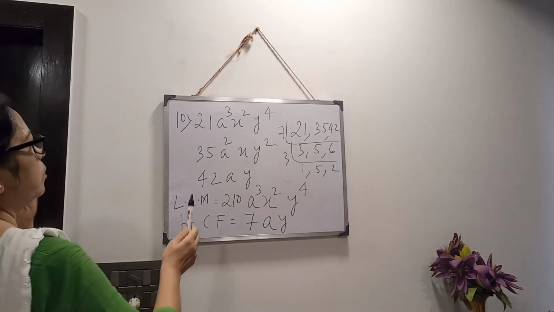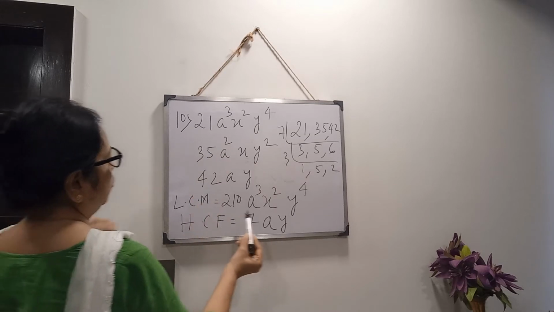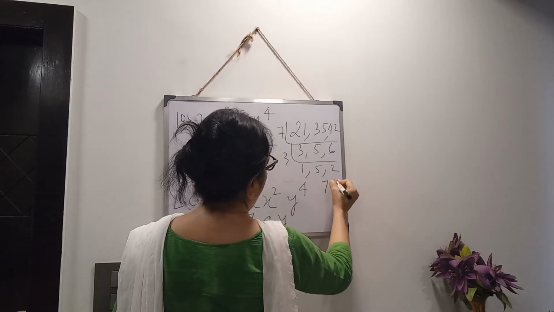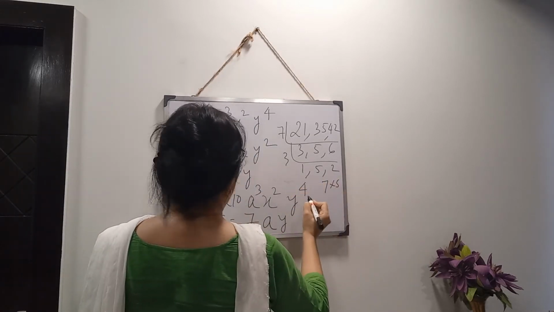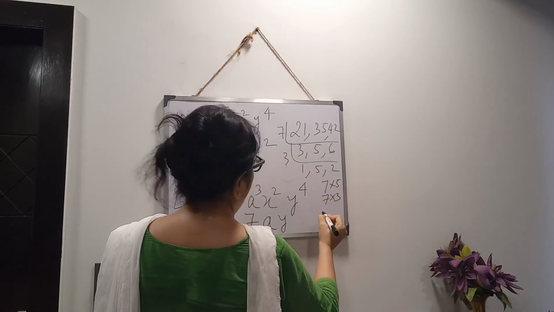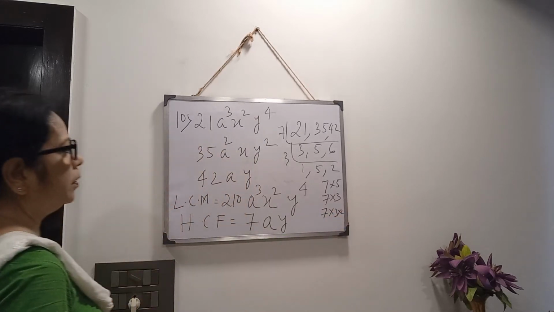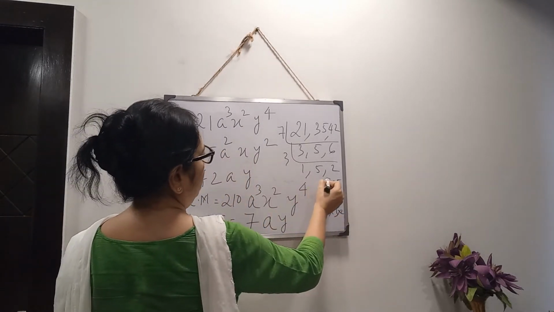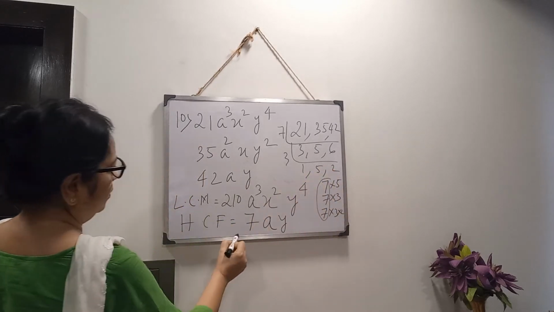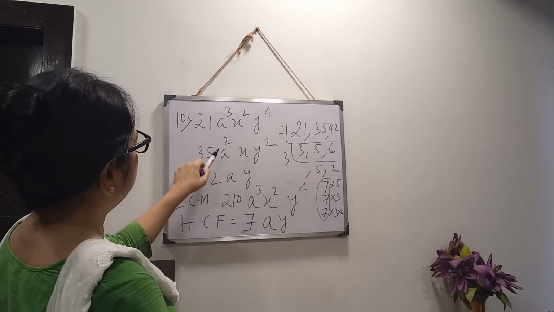I am explaining once more. What will be your HCF? 21, 35, 42. 35 means 7 into 5, 21 means 7 into 3, and 42 means 7 into 3 into 2. Clear? Now which number is common? 7 is common, so your HCF will be 7. And a is present here, there and there.